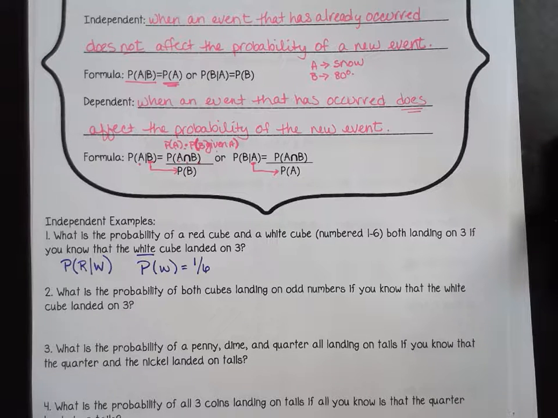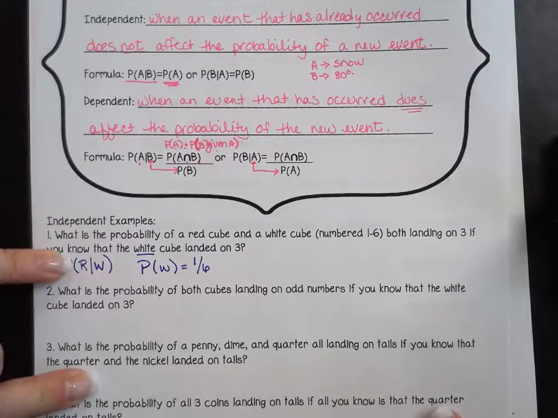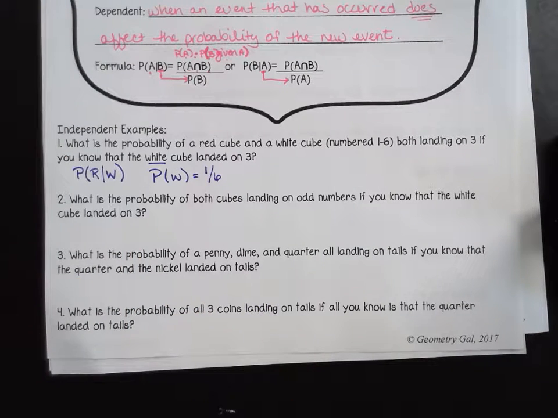Good. The hardest part about the conditional with the independence is that it's talking about 2 things, and so you think you have to multiply them together, and you're just finding the probability of the one.